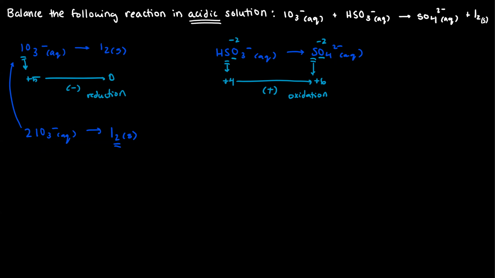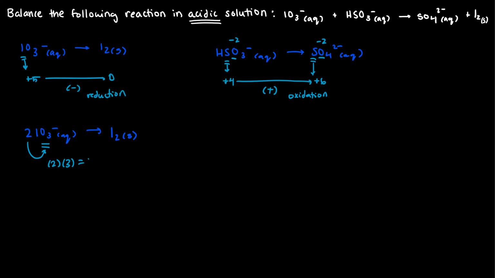I'm going to erase this to make it less cluttered. So what we need to do is add water molecules to the right side of this equation, because on the right side we don't have any oxygen. Sorry, my bad. On the left side we have 6 oxygens. We have these 3 multiplied by this coefficient of 2 right here.